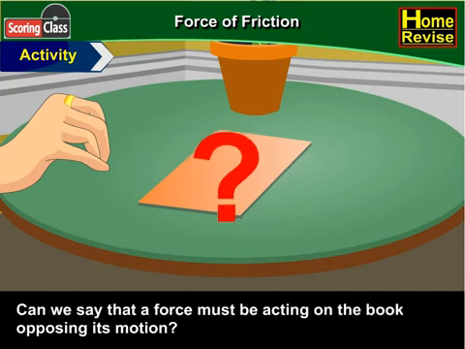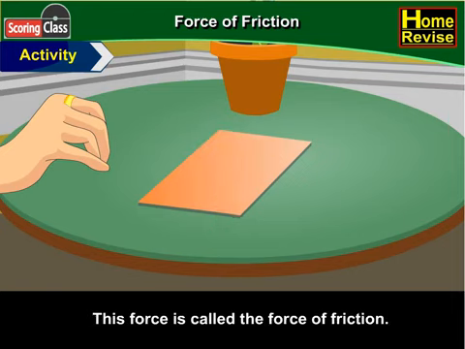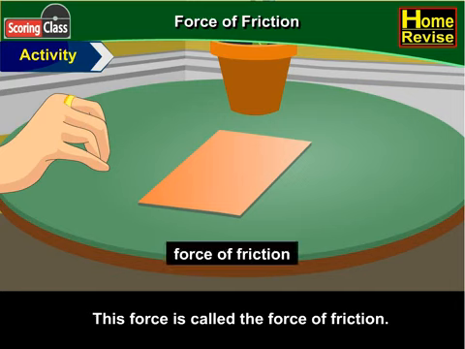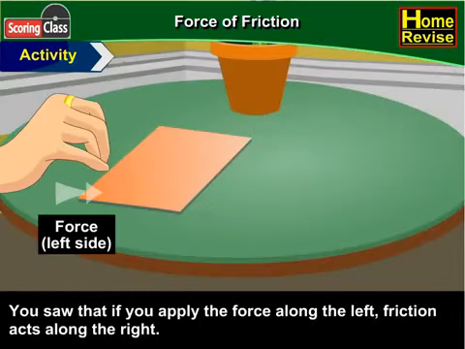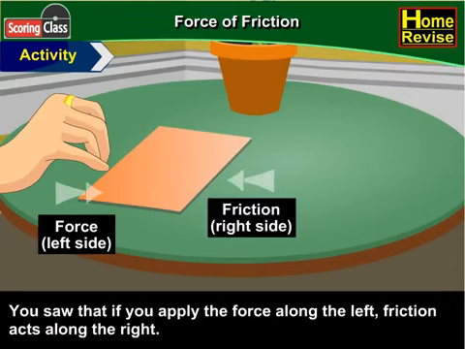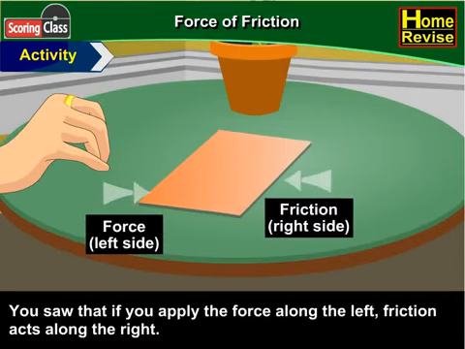Can we say that a force must be acting on the book, opposing its motion? Well, this force is called the force of friction. You saw that if you apply the force along the left, friction acts along the right.